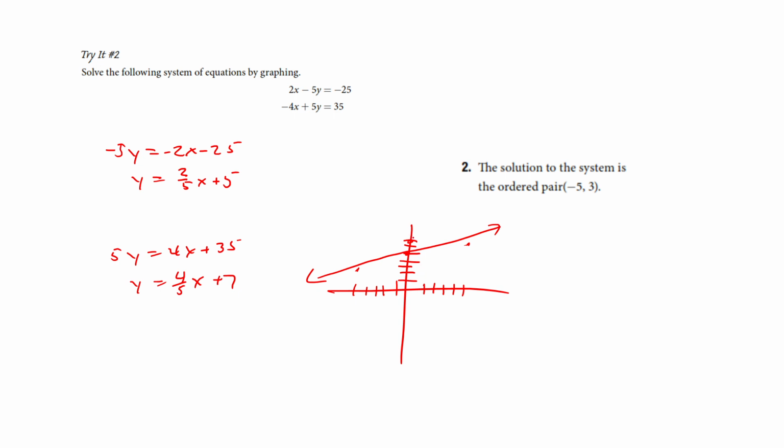So I'm going up 4 over 5. You could go down 4, 1, 2, 3, 4, back 5. Wow, in a miraculous turn of events, even though my graph is terrible, I think I got it. So -5, 3 would be that intersection point. I think I actually found it.